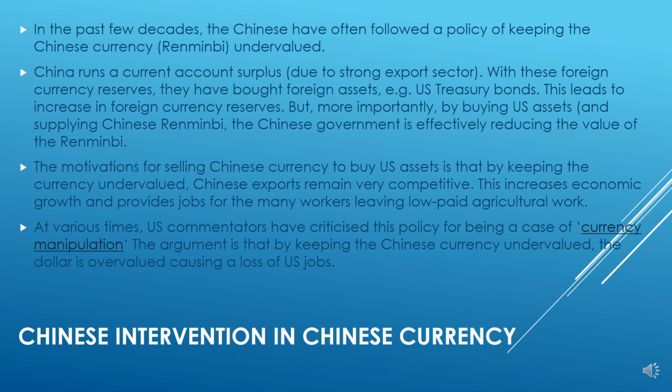The argument is that by keeping the Chinese currency undervalued, the dollar is overvalued, causing a loss of US jobs. And hence, because of this undervaluation of currency, Chinese goods are much cheaper and foreign direct investment flows are also increasing in China because of this undervaluation.